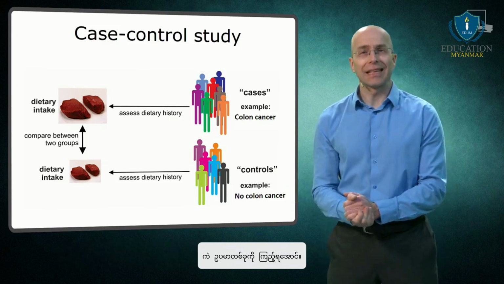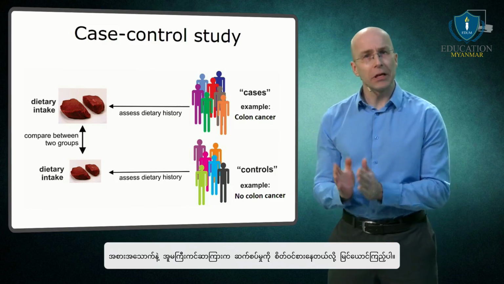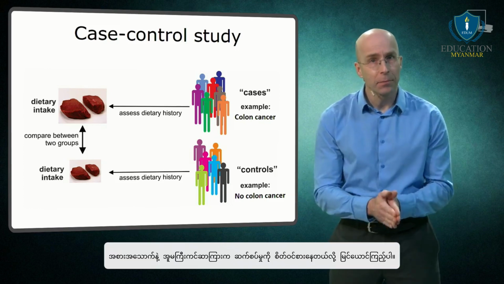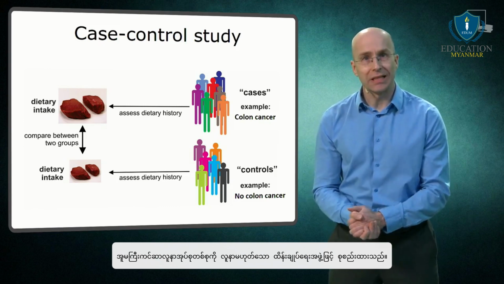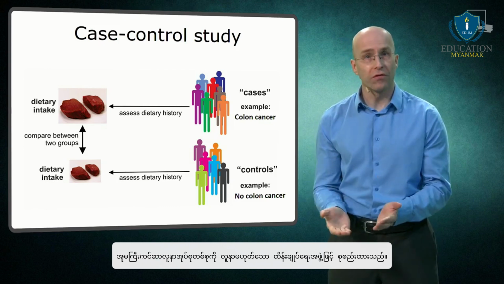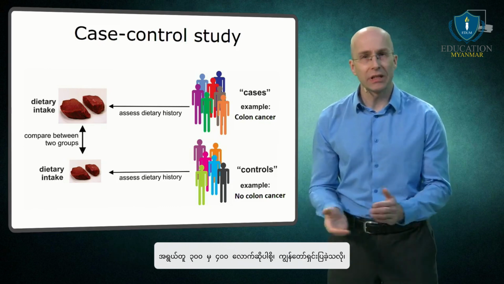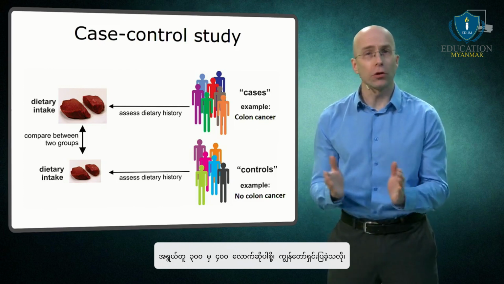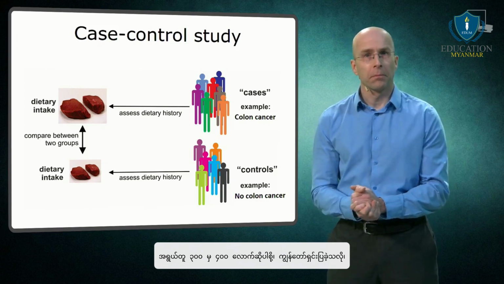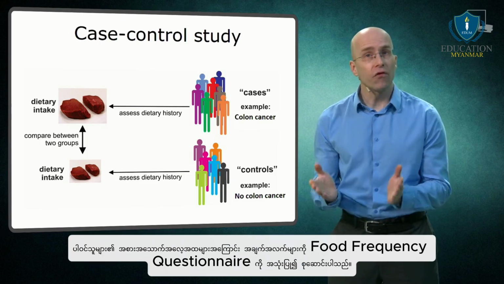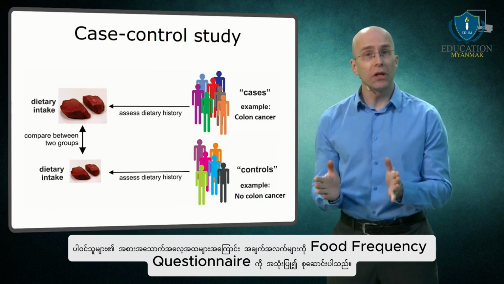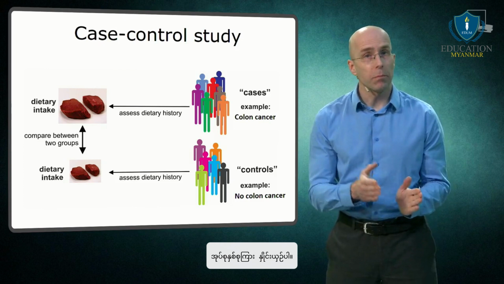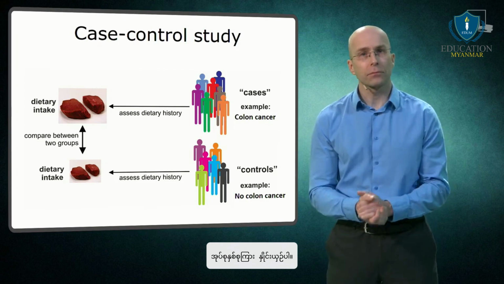Now let's look at an example. Imagine that we're interested in the link between diet and colon cancer. A group of colon cancer patients is assembled together with a control group of non-patients of about equal size, let's say about 300 to 400 people. And as I just explained, information about the participants' dietary habits is collected using a food frequency questionnaire and compared between the two groups.